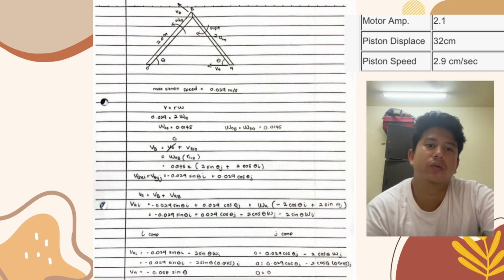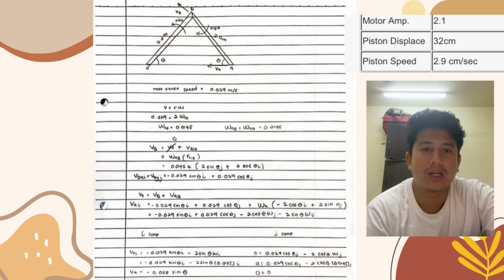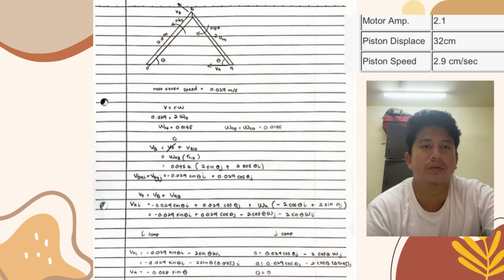Then we need to calculate the average velocity. We need to have VA, and to calculate VA we use the formula VA equivalent VB plus VA respected to B. For VA, as we can see, VA is just directed in the x-axis, so we just use VAXI. We do not have to use the VAYJ.